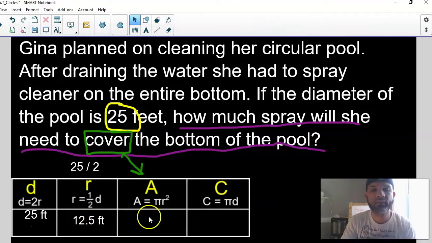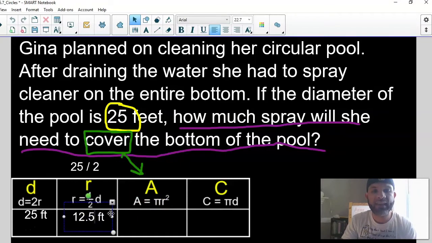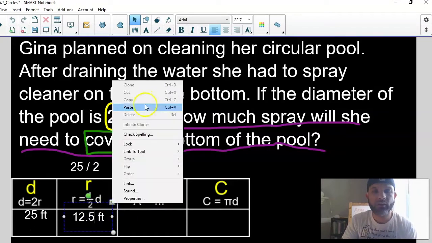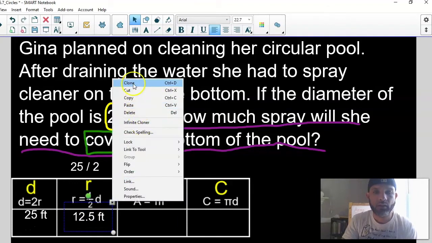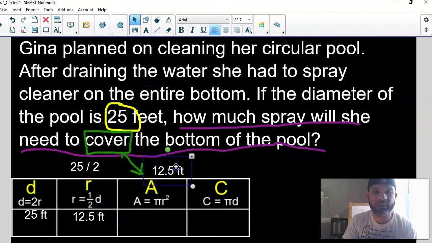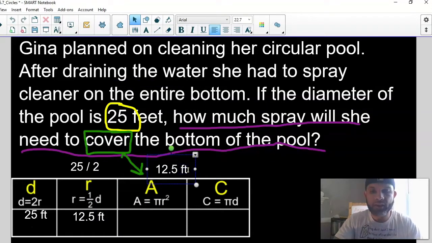All right. So now we're going to figure out the area. The area is going to be pi times that radius squared. So if I clone this here, that's my radius that I'm going to square. And I'm going to multiply it by pi.